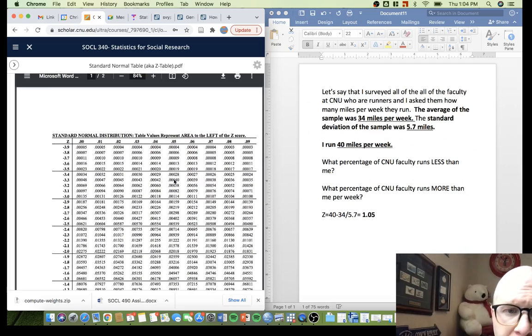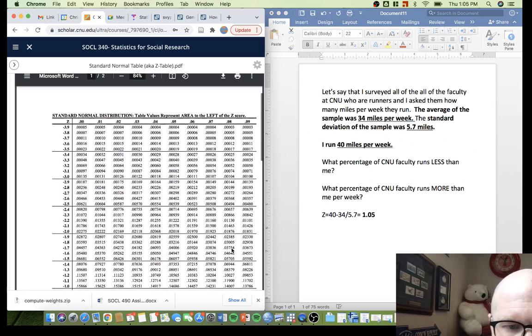One thing I want to point out is that table values represent the area to the left of the z-score. If you think of a distribution, what is to the left is the area that is less than, that is smaller than. So all of these numbers represent the area to the left of a given z-score.